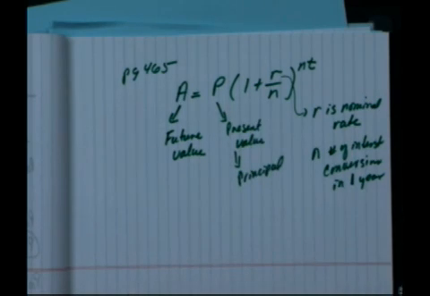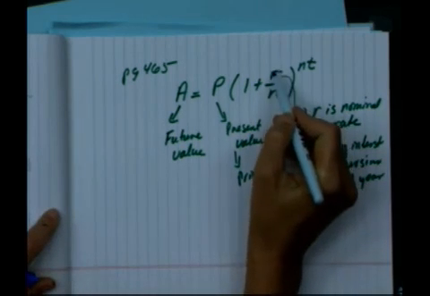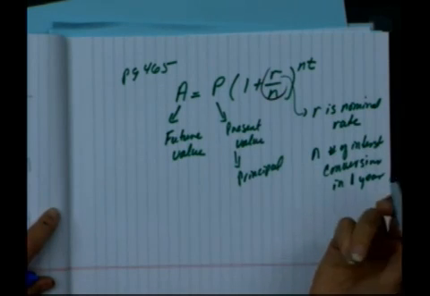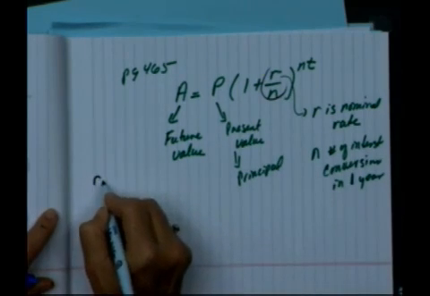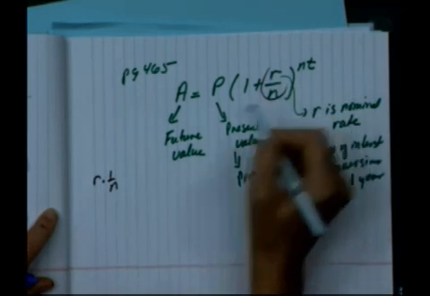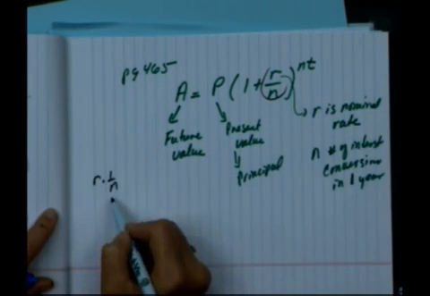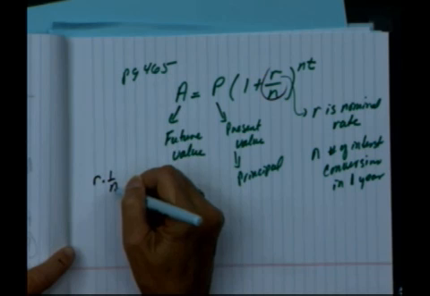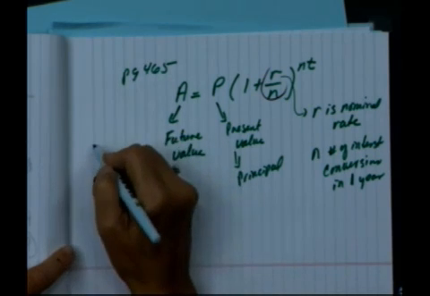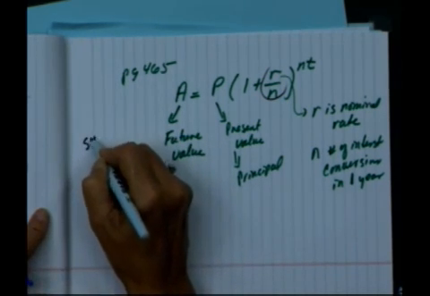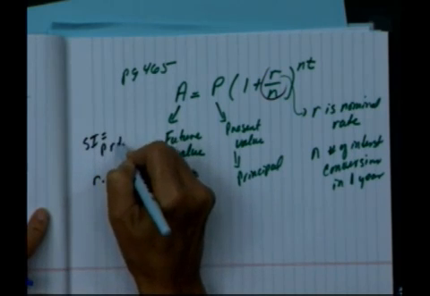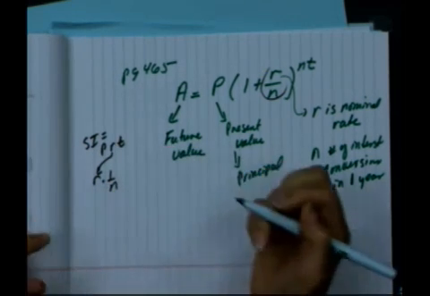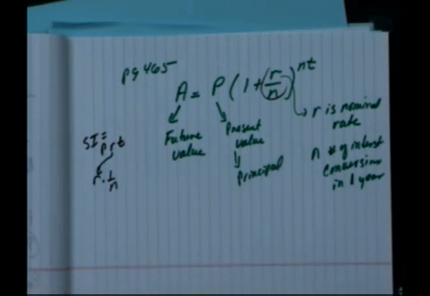All right. Now, I just want to show you that this is that good old simple part of the simple interest. R over N is the same thing as R times 1 over N. N is the number of conversions in 1 year. So when you had simple interest, you had PRT. Here's the R. T is 1 over N. So the question is, how many conversions in 1 year?